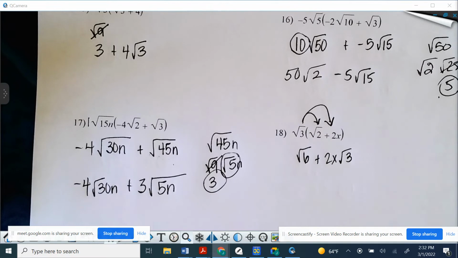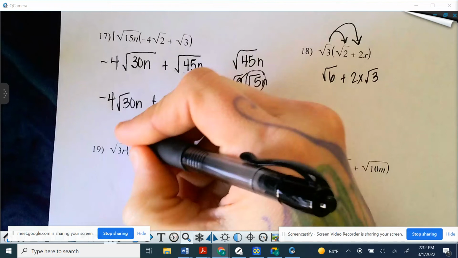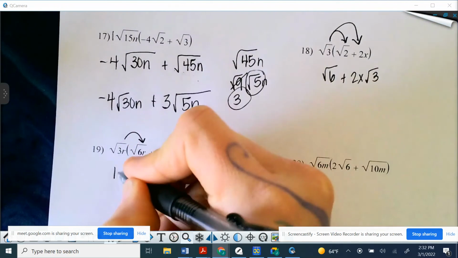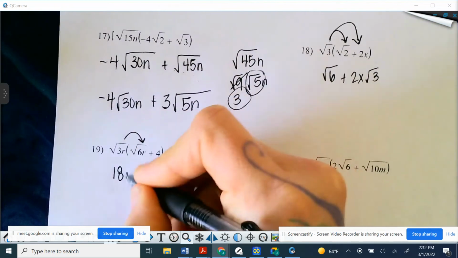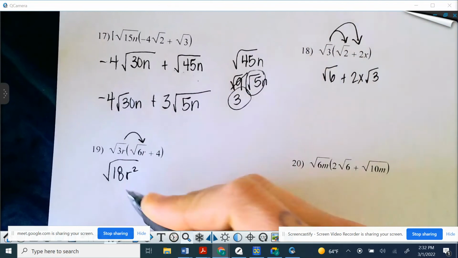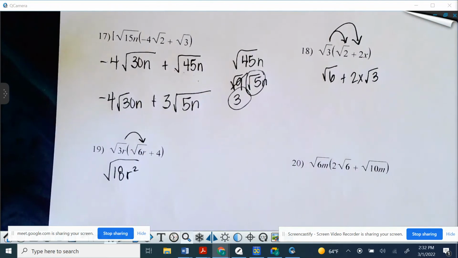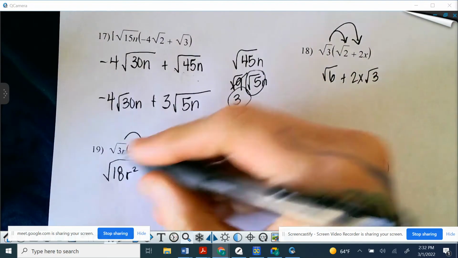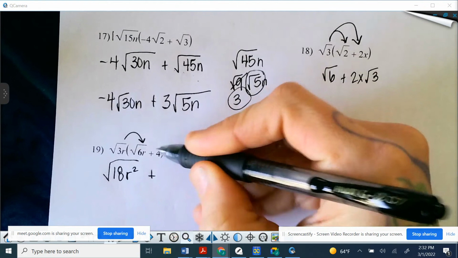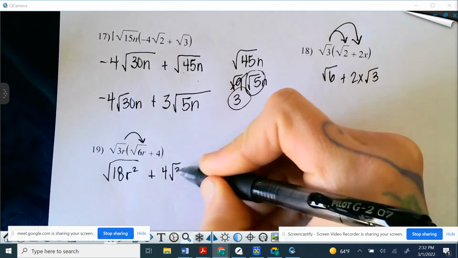All right, cool. So the last one, 3 times 6 is going to be 18. R times R is R squared. As soon as you see that R squared underneath the root bar, we know that that's going to come out, because if you square root anything that's squared, it comes out. We're going to neaten this guy up in a minute. 3 times 4, that 4 is outside. So this guy is in its neatest form at the moment.